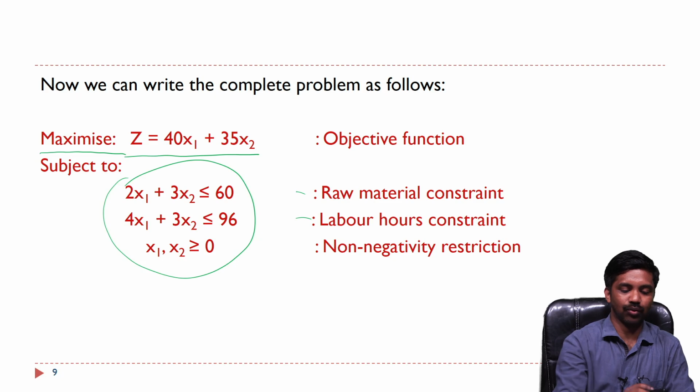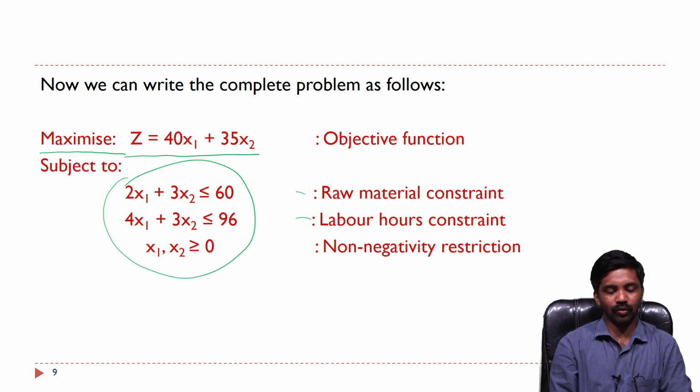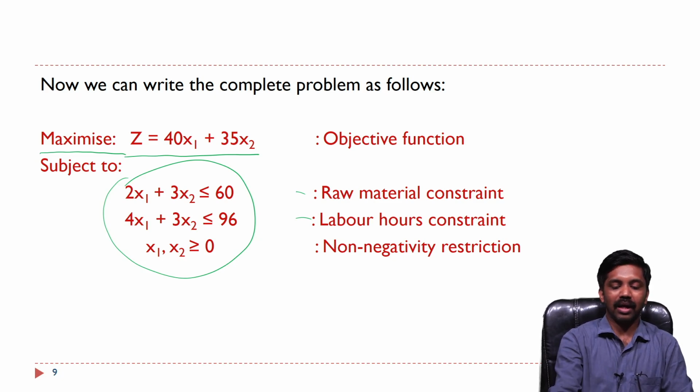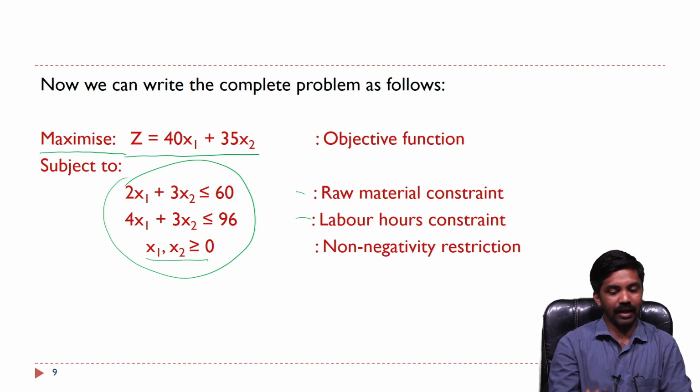The raw material constraint is 2x1 plus 3x2 less than or equal to 60, the labor hour constraint is 4x1 plus 3x2 less than or equal to 96, and the non-negativity restriction is x1, x2 greater than or equal to 0, because they cannot take any negative value, only 0 or positive values. This is how we formulate a linear programming problem.